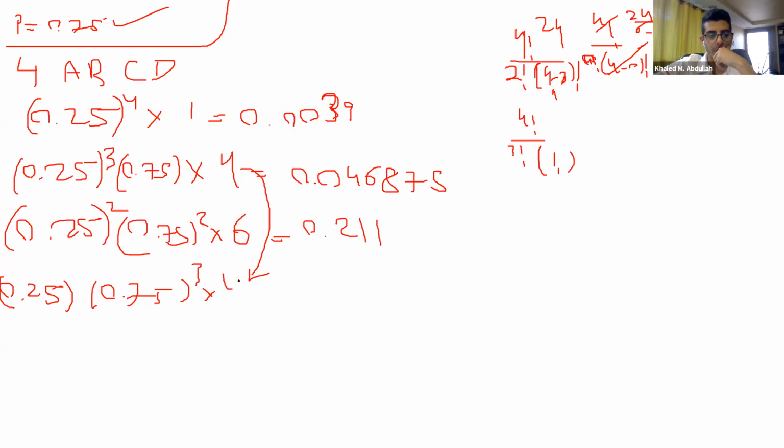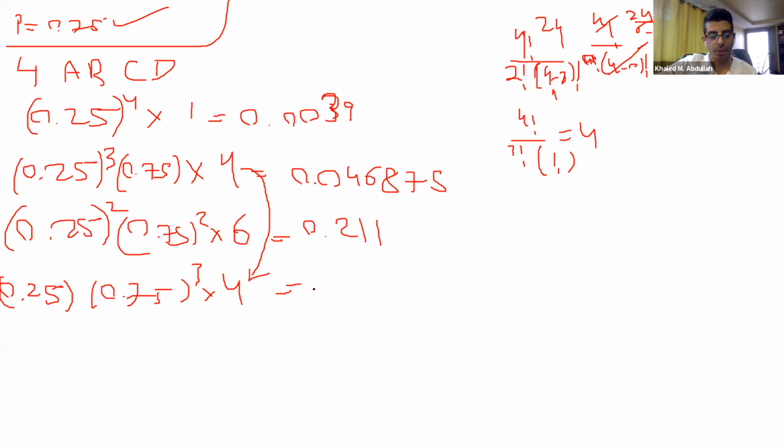This will be times 4, right? Because this is the same thing as we had here. 4 factorial over 6, 24 over 6, which is basically 4. So this is 4.